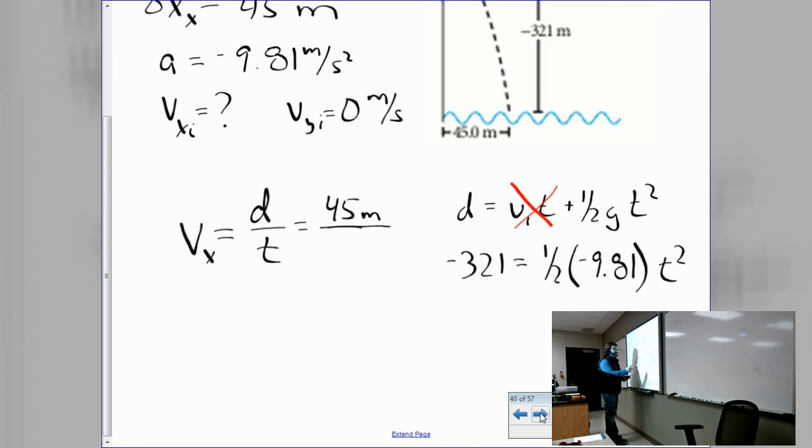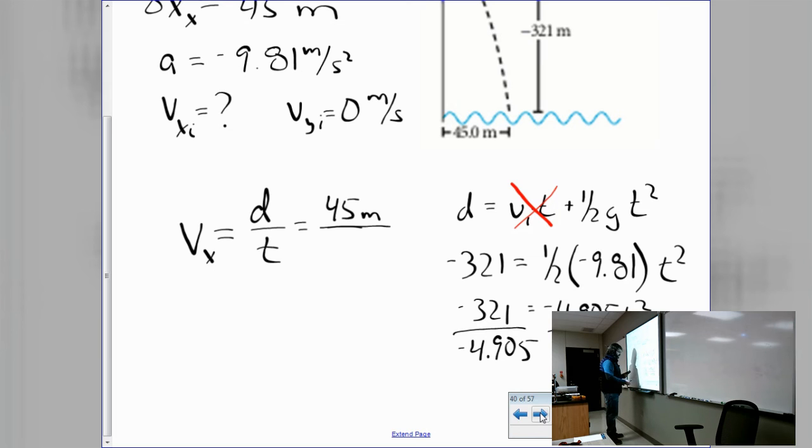Half of negative 9.81 is negative 4.905. So negative 321 equals negative 4.905 times t squared. I'm going to divide both sides by negative 4.905. Negative 321 divided by negative 4.905 comes out positive because it's negative divided by negative.